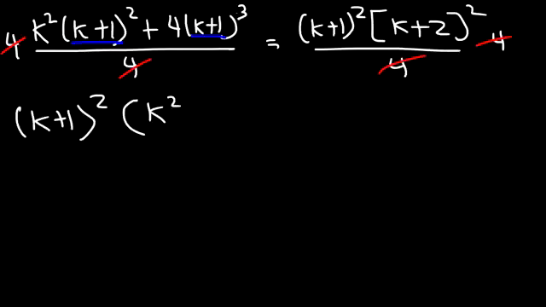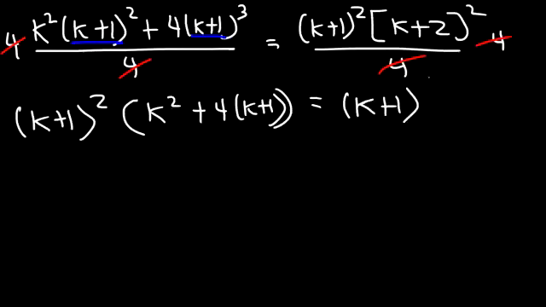Here, there's 3 k plus 1s. I took out 2, so there's 1 left over, and there's a 4 in front of it. So it's going to be plus 4 times k plus 1. We don't have to make any changes to the right side. So I'm going to keep it the same.